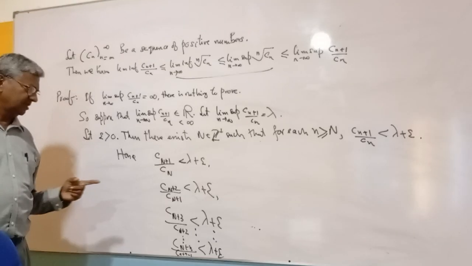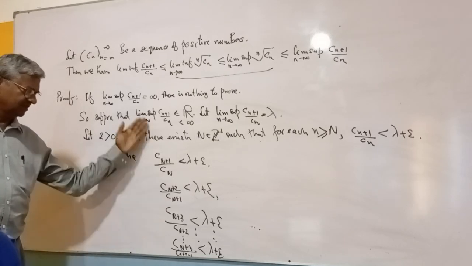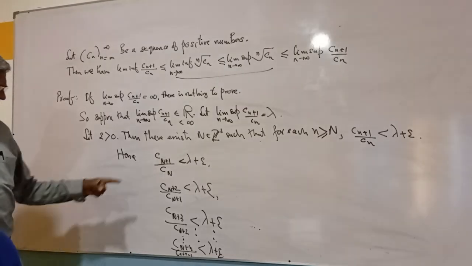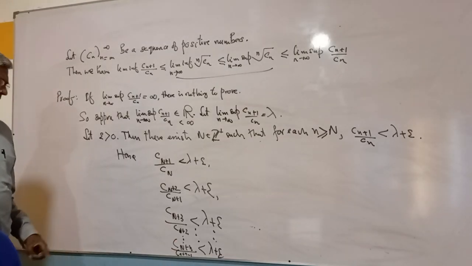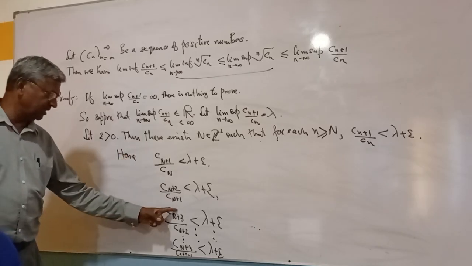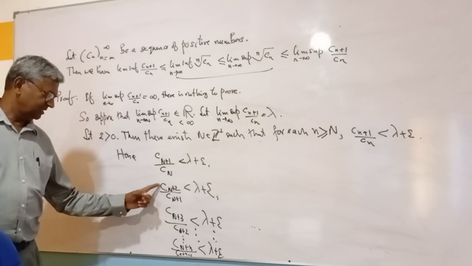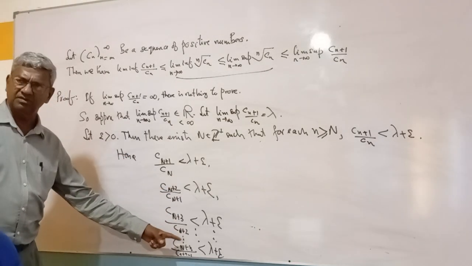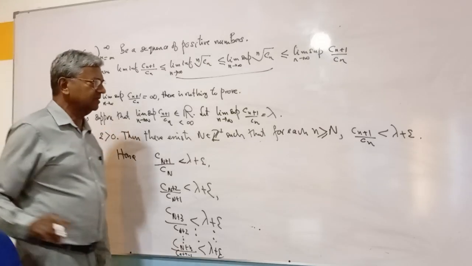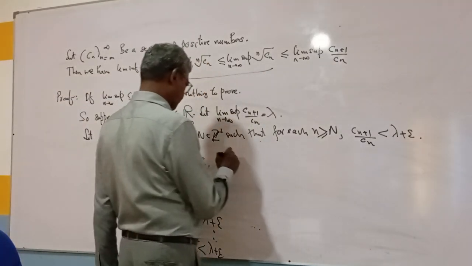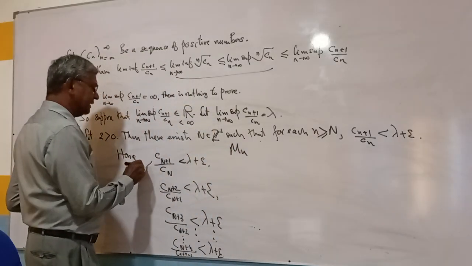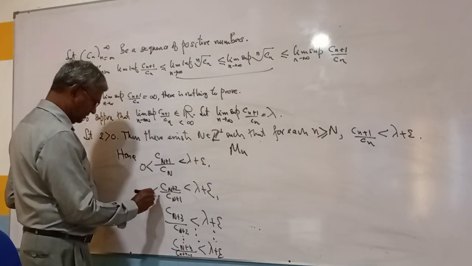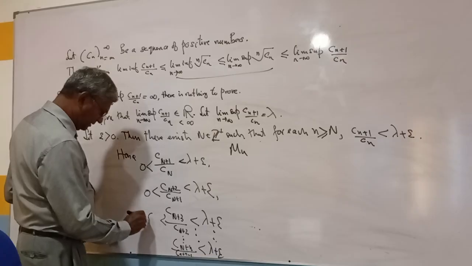Now I multiply these n inequalities. The c_{N+1} cancels out, the c_{N+2} cancels out, and so on. I can multiply because these are greater than 0; otherwise I cannot.